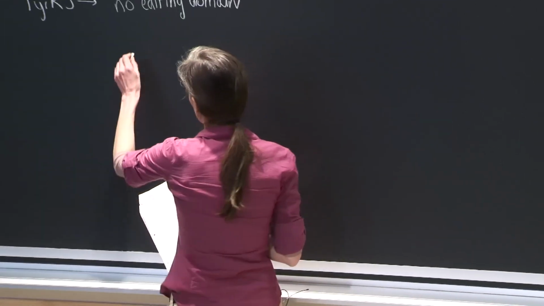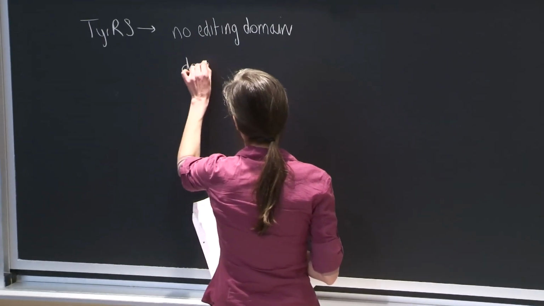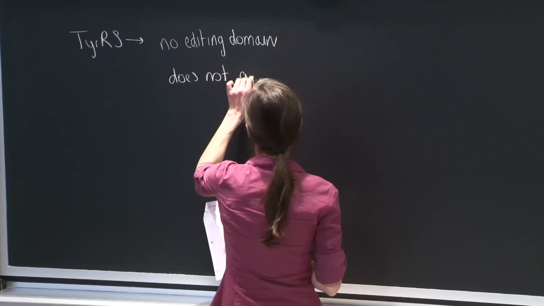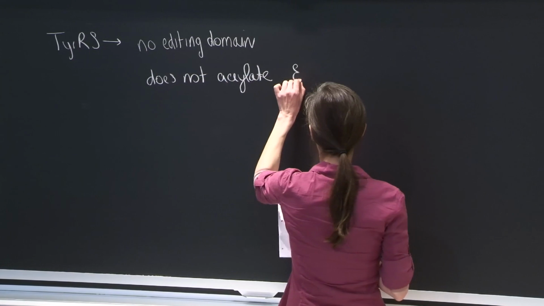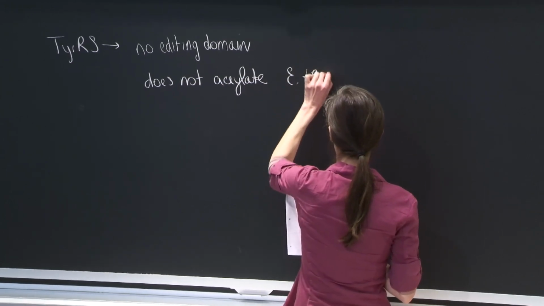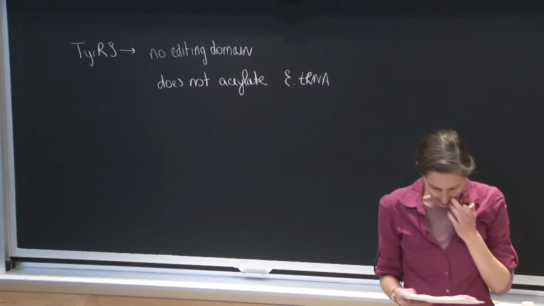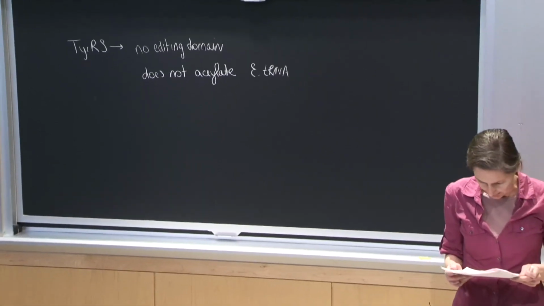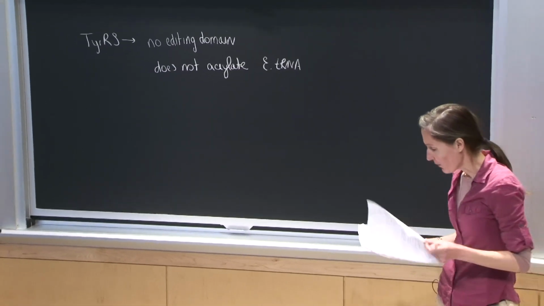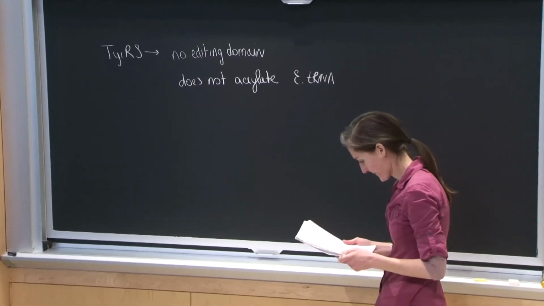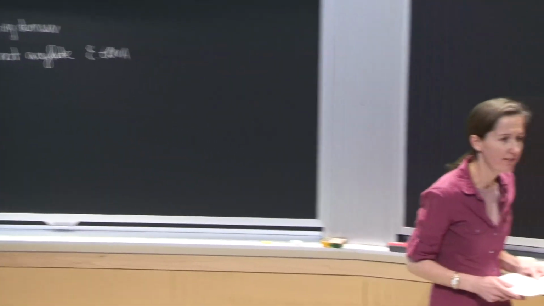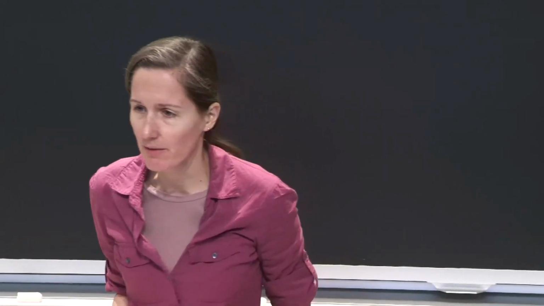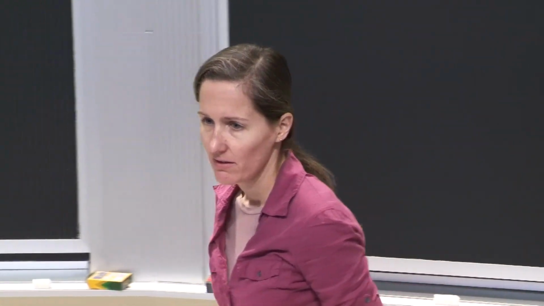So another point: they found that it does not acylate E. coli tRNA. Okay, and that's important for trying to use this in E. coli here. What's the potential problem? Is this going to be specific for the unnatural amino acid of interest?